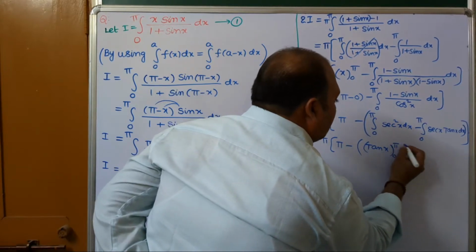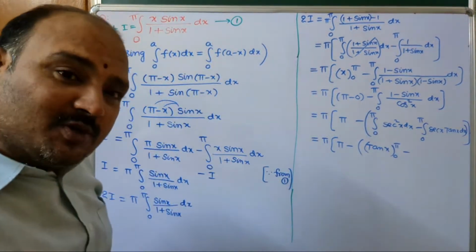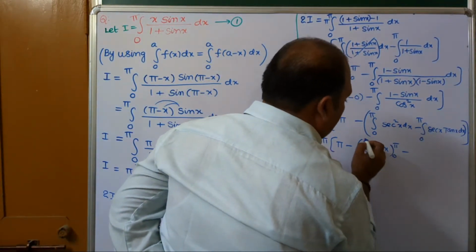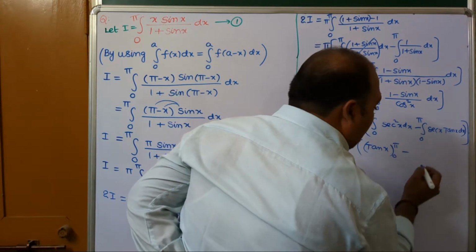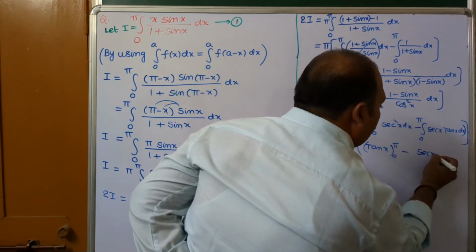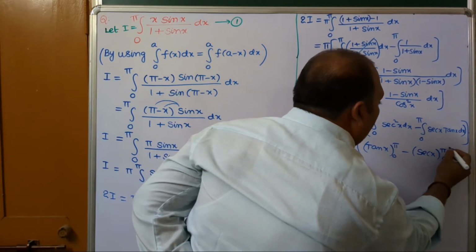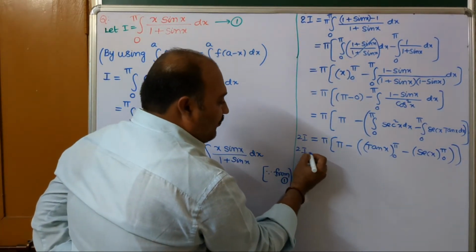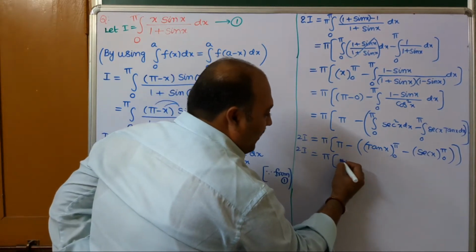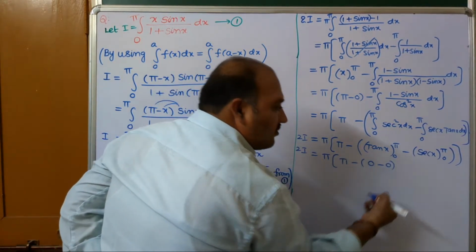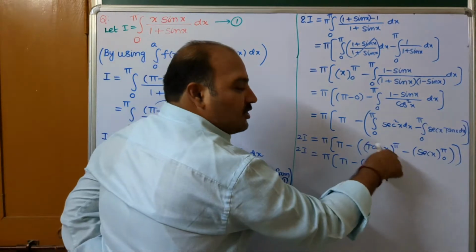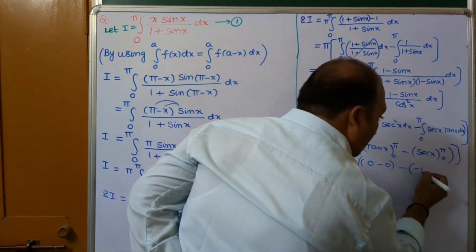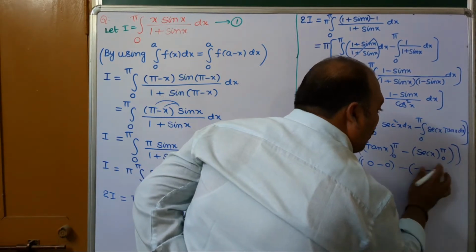Applying the limit 0 to pi. Anyway, we are getting 0 here. Why? Because tan pi is 0, tan 0 is 0. Integral of secant square x is tan x, and minus into minus, okay, the minus bracket is there, integral of secant x tan x is secant x, applying the limit 0 to pi. So 2I equals pi into pi minus, tan pi 0, tan 0 0, minus secant pi minus 1, minus secant 0 1.